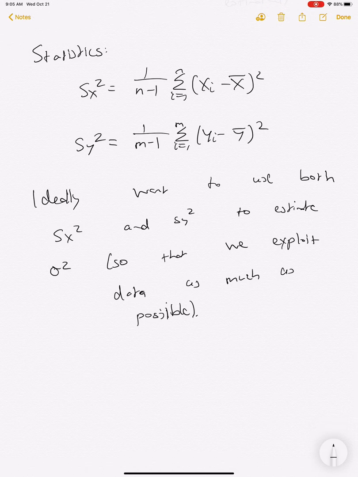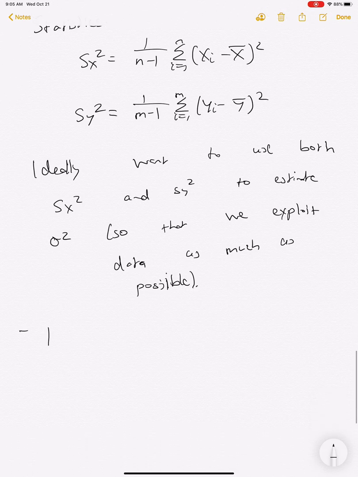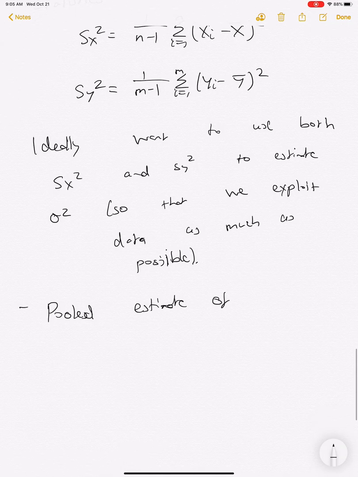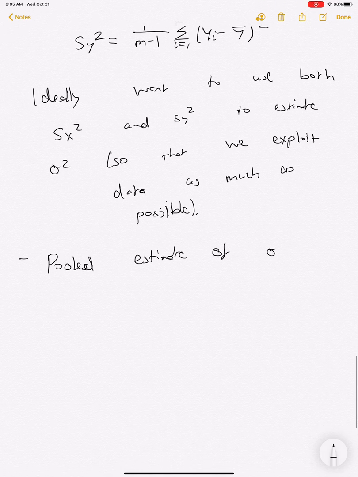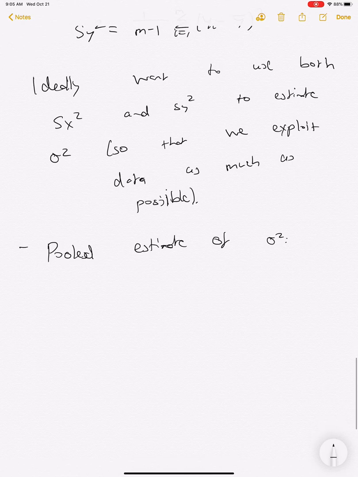Okay, and so this leads to the pooled estimate of sigma squared, which we're going to call sp squared. And what that is, is just a linear combination of sx squared and sy squared that makes things unbiased and takes the best advantage of the data.